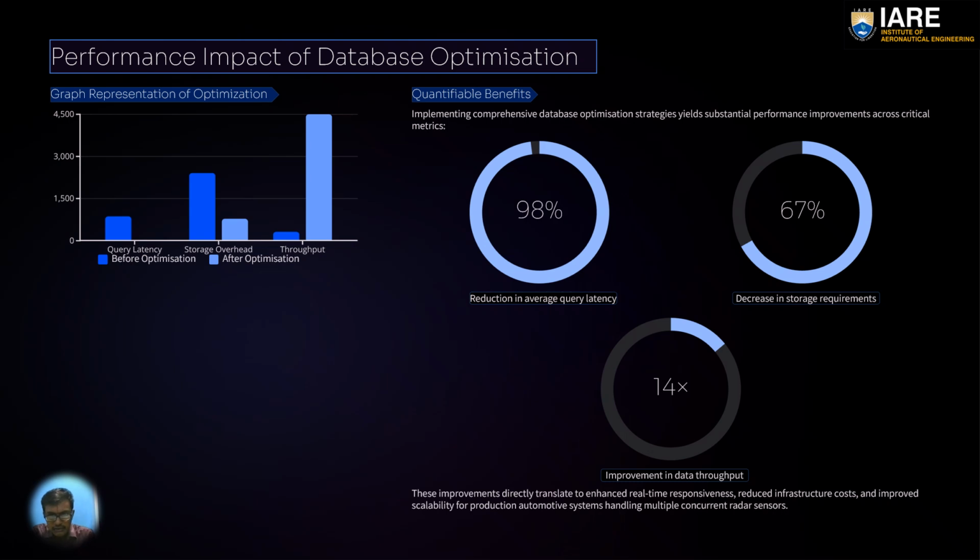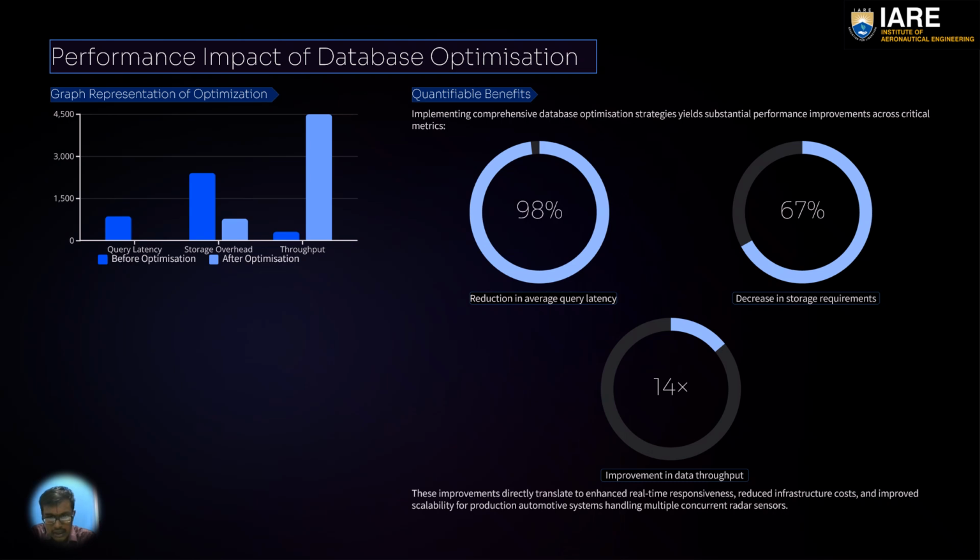We have quantifiable benefits. Implementing comprehensive database optimization strategies yields substantial performance improvements across critical metrics. We have a 98% reduction in average query latency, 67% decrease in storage requirements, and 14 times improvement in data throughput.